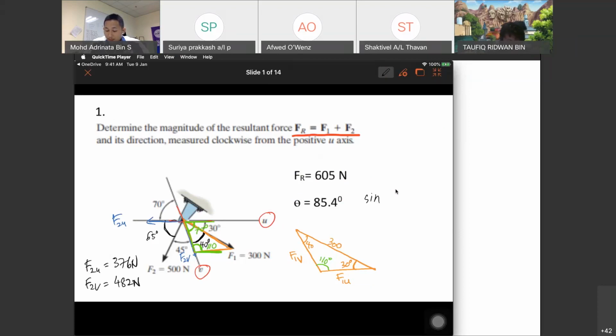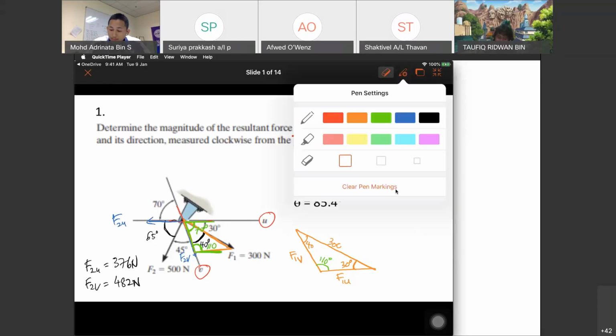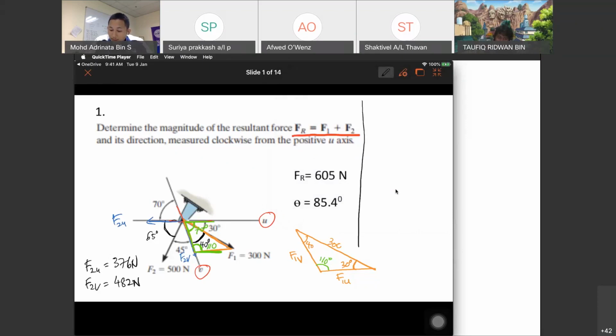So we have 300 over sine 110 equals F1U over sine 40 equals F1V over sine 30.